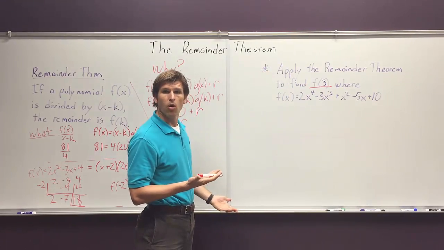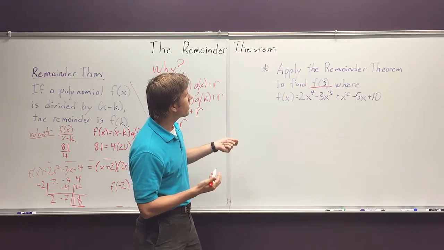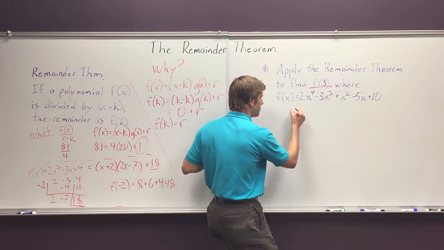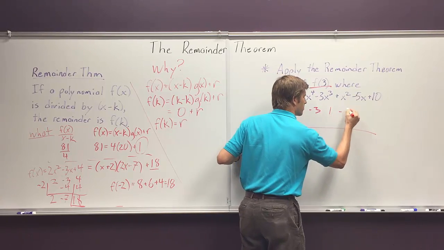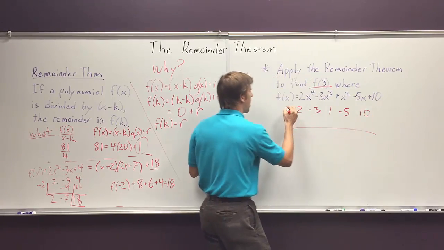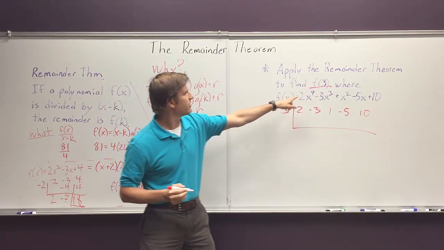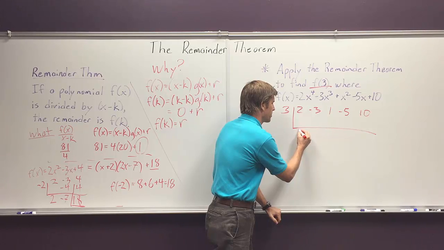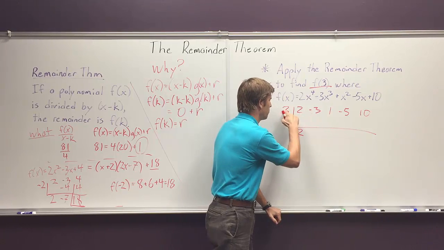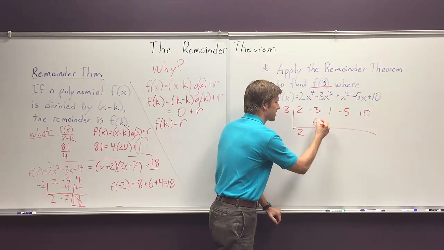Okay? So what are we going to do? I'm going to use synthetic division with these coefficients. I'm going to divide by 3. And so what I get out, I carry that down, 2. Multiply 3 times 2, 6.